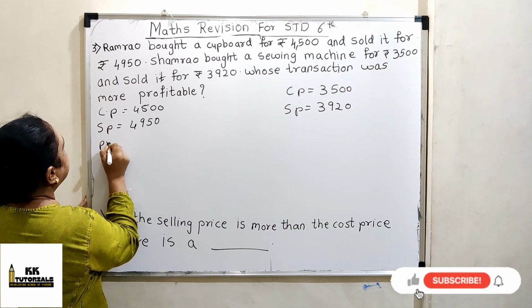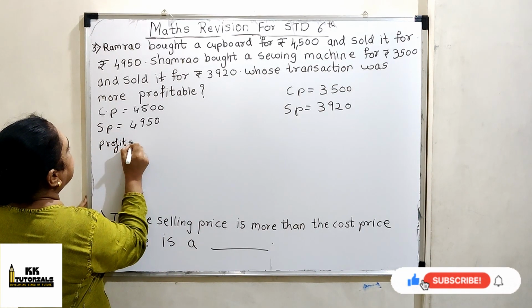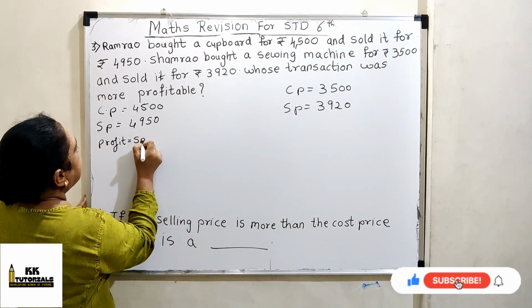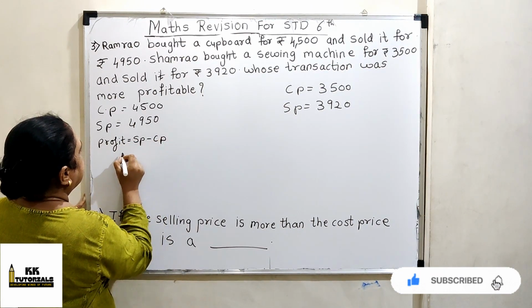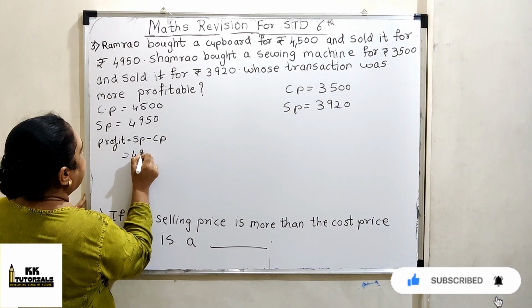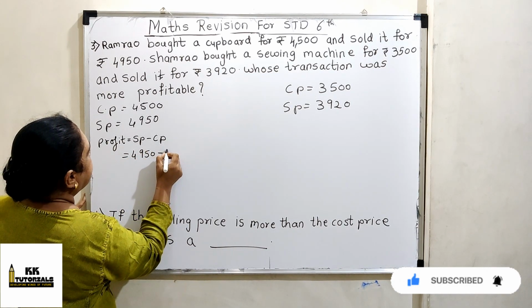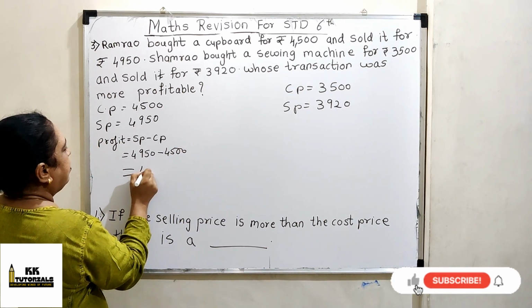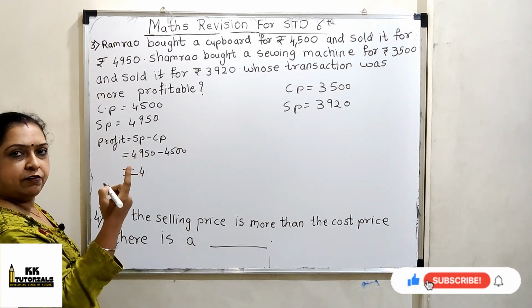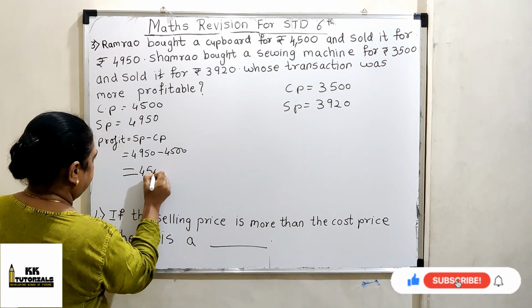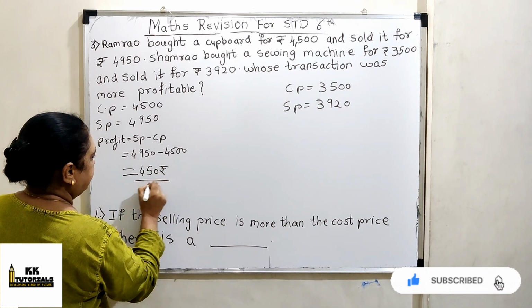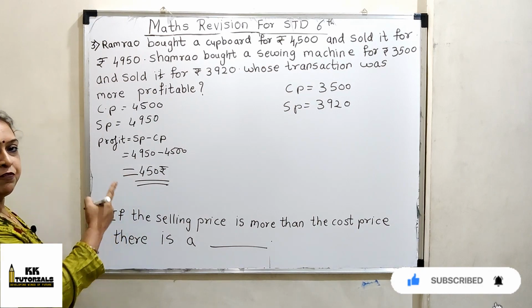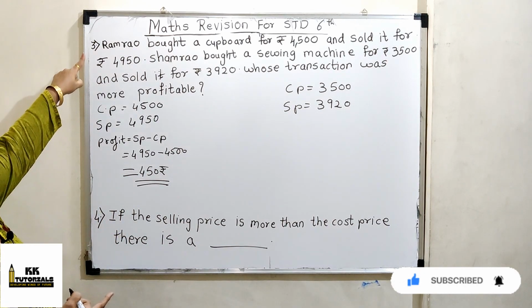Profit is equal to selling price minus cost price. So selling price is 4,950 minus 4,500. That is how much? 450 rupees. 450 rupees is the profit made by Ramrao.